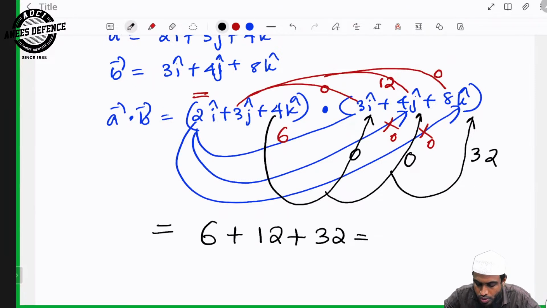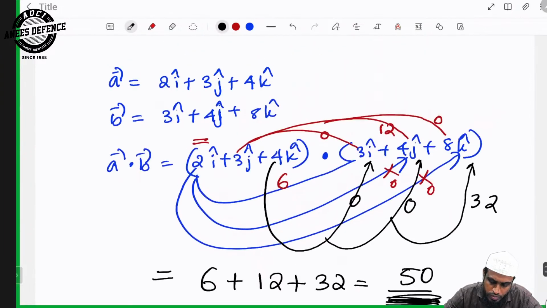That is 6 plus 12, 18. 18 plus 32, 50. So the answer will be 50. This is the example of the scalar product, the dot product. Finally you are getting a scalar value.